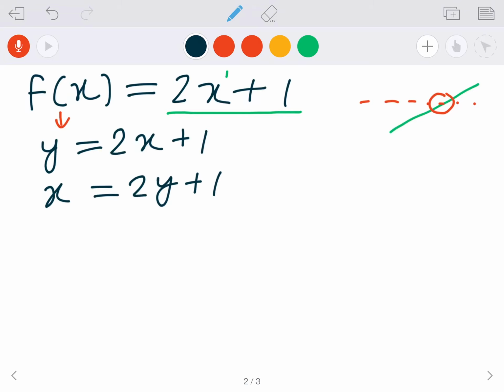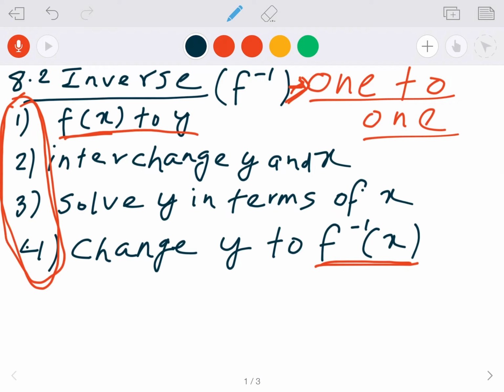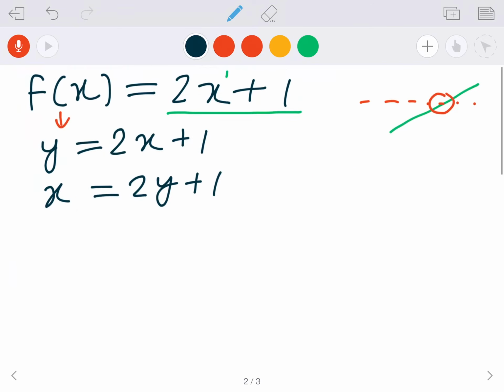All right, and the third one is solve y in terms of x. So basically here what we're going to do is solve for y, or basically isolate y, so we just want y on one side and everything else on the other side.